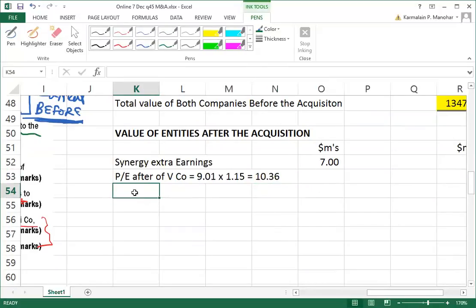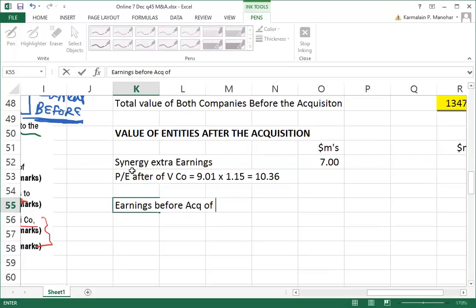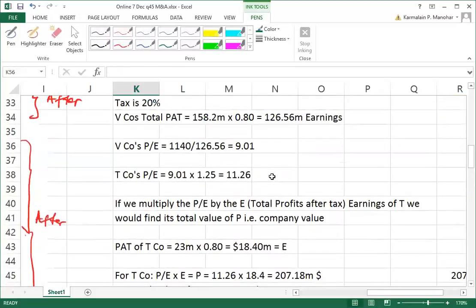Right, the next point, earnings, as Ceci said, current level of earnings. Earnings before acquisition of FICO was that 126.56. Right, so that's taken from above, up here.